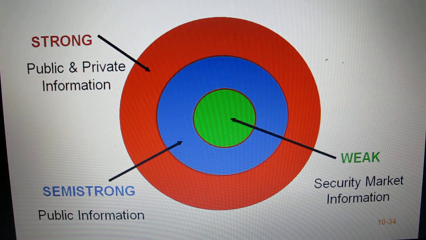So this next chart highlights everything we've discussed as far as the efficient market hypothesis, where you have in the middle weak, which is security market information, and in the blue we have semi-strong, public information, and then strong is in the red, which is the outward circle where you have public and private information.